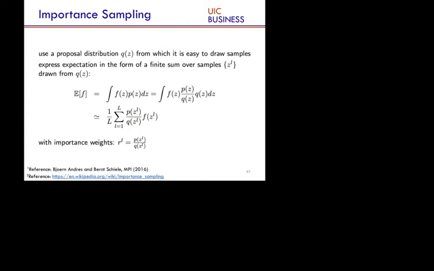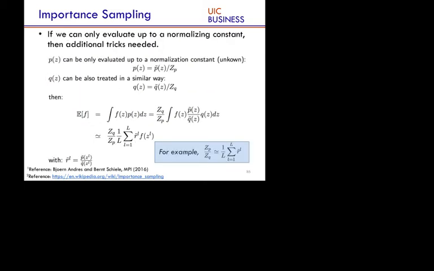But we can kind of ignore that and still do importance sampling in a sense. Let's say we can only evaluate the numerator and not the denominator, which is Z of P. We don't know the Z of P. And even with an approximating or proposal distribution Q, which hopefully puts more mass on this region so that I can sample from there, that guy's denominator also I don't know.